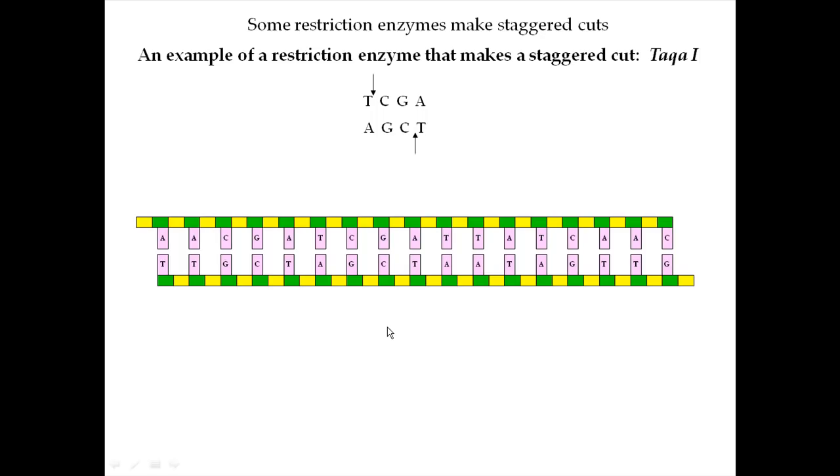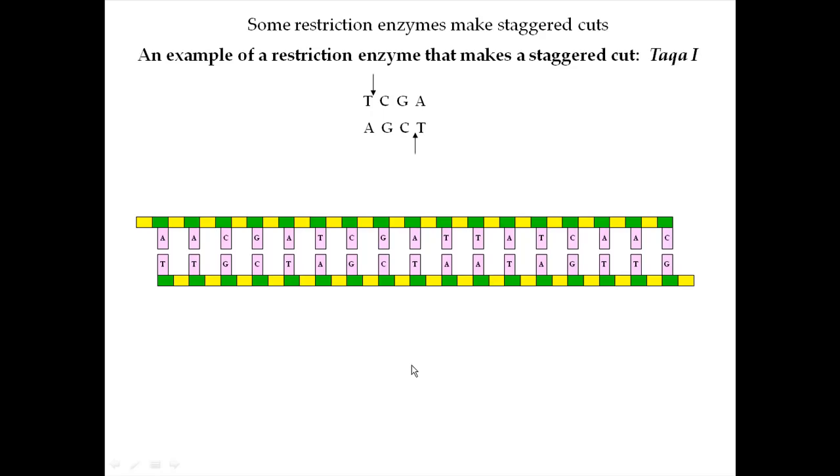The thing that results from a staggered cut is this. Say that you take a piece of DNA and treat it with TACA1. TACA1 will only cut this DNA if this specific sequence, TCGA, is present within it.